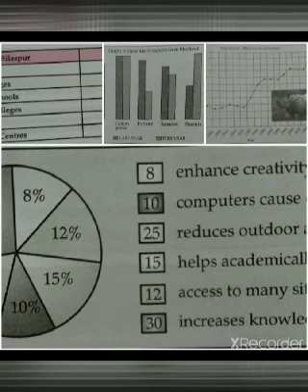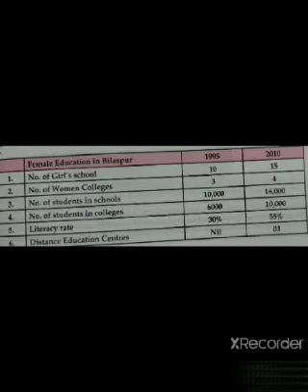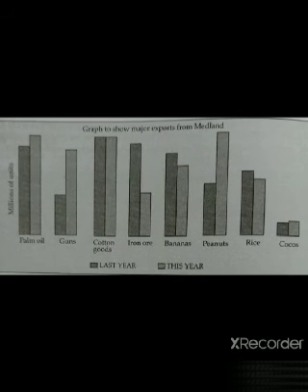Now let's see what analytical paragraphs are. Analytical paragraphs are paragraphs where a comparative study of two or more things is done. In that paragraph, you have to write a study of the comparison of more than one thing. It means the data is given in tabular form, or as a bar graph.